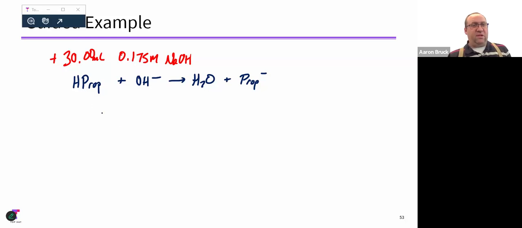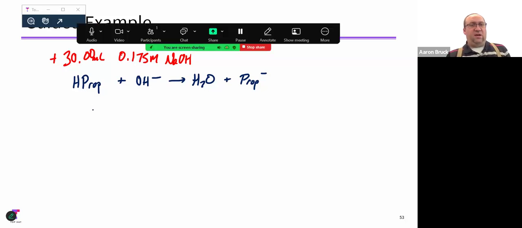So once again, we're going to use the millimole technique to set up our initial conditions and see where we are. So 50 milliliters times 0.350 molar is 17.5 millimoles.